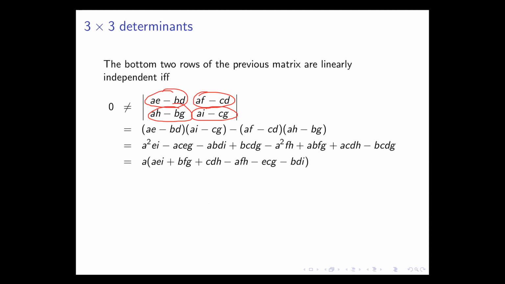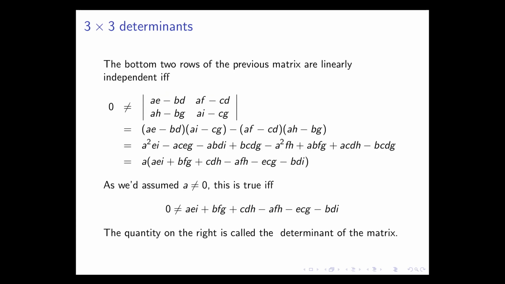After a little bit of algebra, which I encourage you to do by yourself, you get that it's equal to A multiplied by the parentheses, which include 6 terms. 3 appear with a plus sign, and 3 appear with a minus sign. So it's a cubic expression. Each of these terms is a product of 3 elements from the matrix.